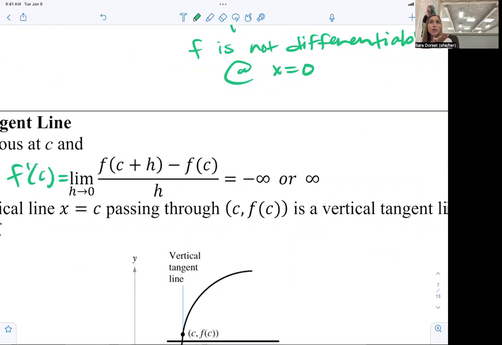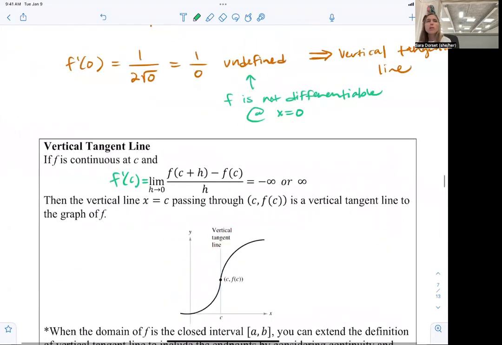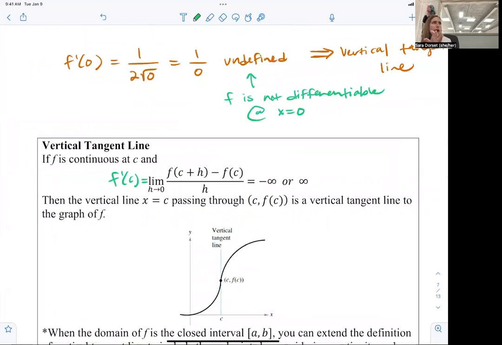This is a limit. You guys know how to determine an infinite limit. We're going to look at this in a second with the previous example. If you get positive or negative infinity, it means there is a vertical tangent line. If you were to zoom in on the graph of the square root of x, it would look like the graph turns into a vertical tangent line.